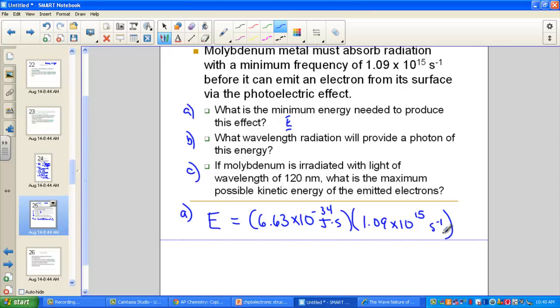Are you hitting with me on your calculator? 6.63 E negative 34 times 1.09 E 15. And I'm finding the energy as 7.2, and I'll round 7.23 times 10 to the negative 19th joules of energy.